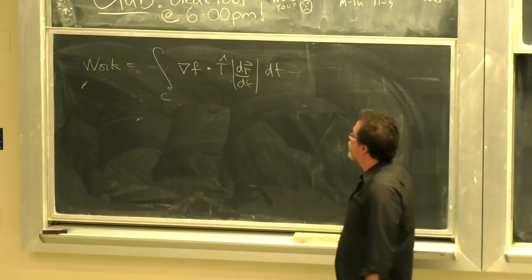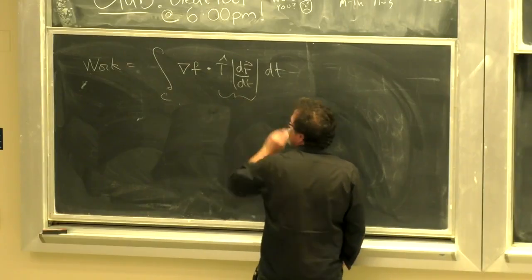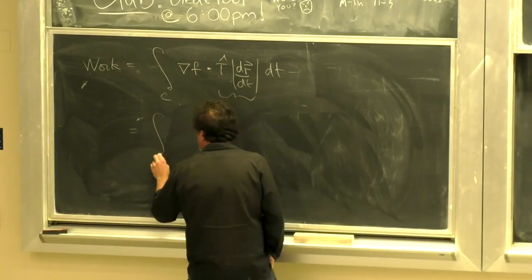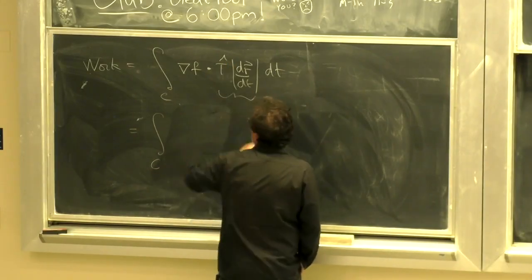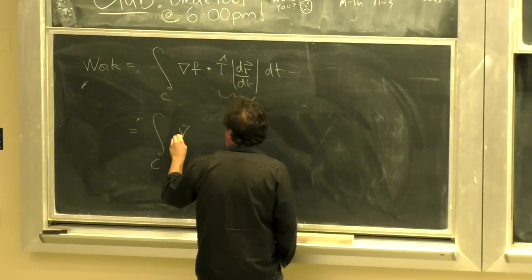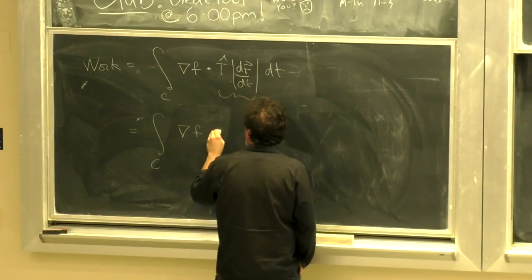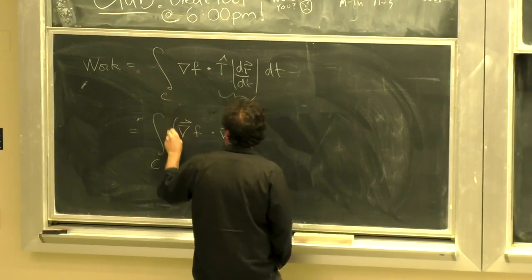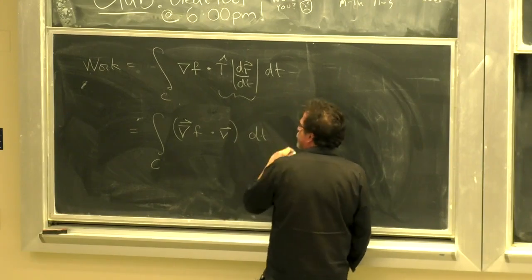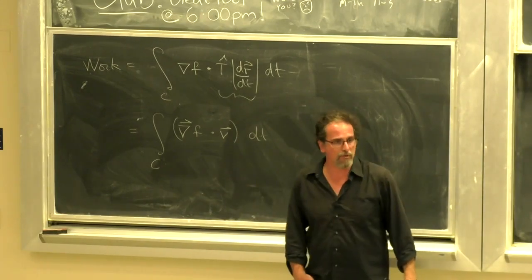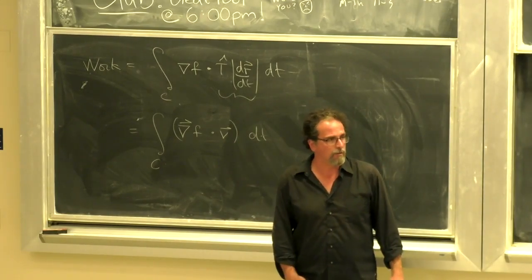But this was the original velocity vector. When I derived this, this was v vector, right? So this is the gradient of f dotted into v, integrated with respect to t along the curve, whatever the curve's parametrization is.